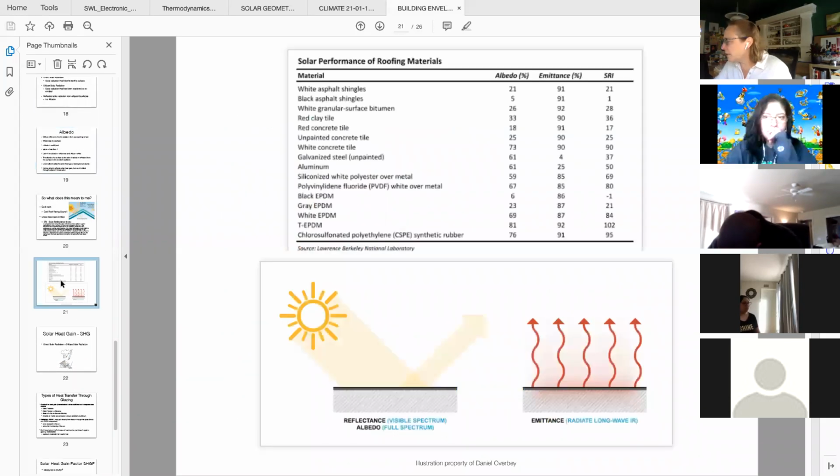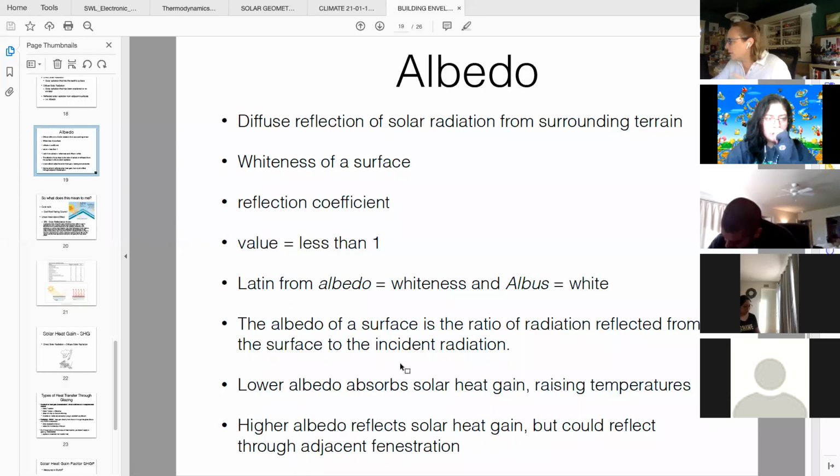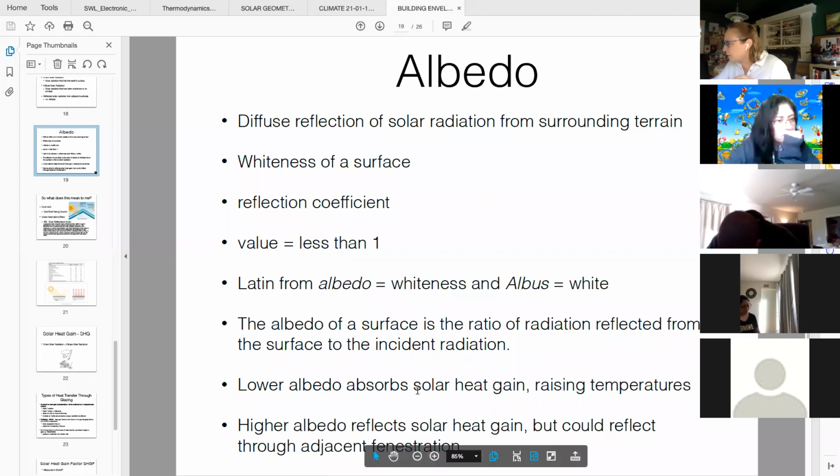I'm going to skip ahead. We'll come back to the incident radiation, because it's an angle. The lower the value, the more it absorbs, which means we get higher heating.